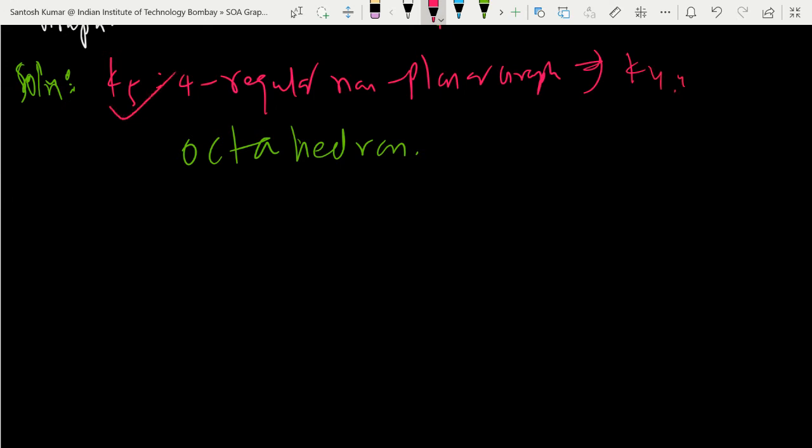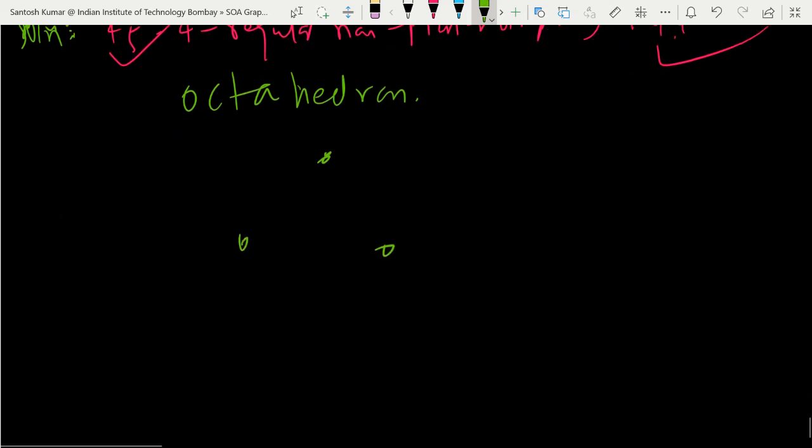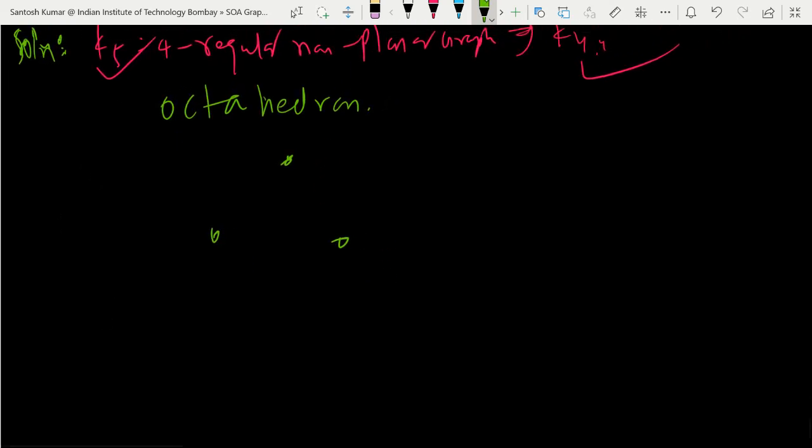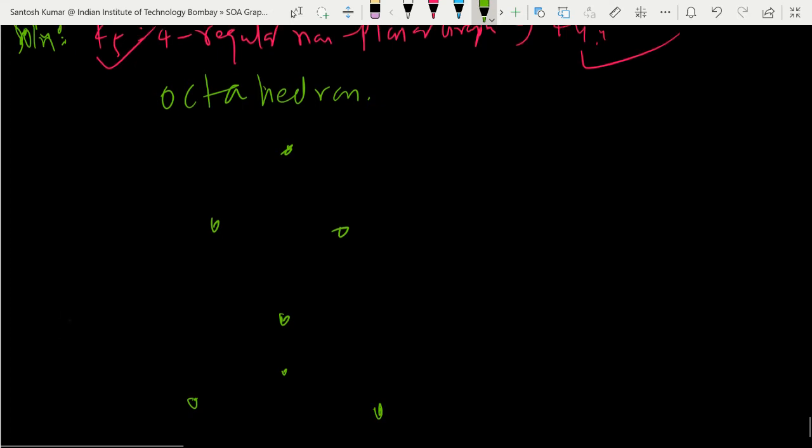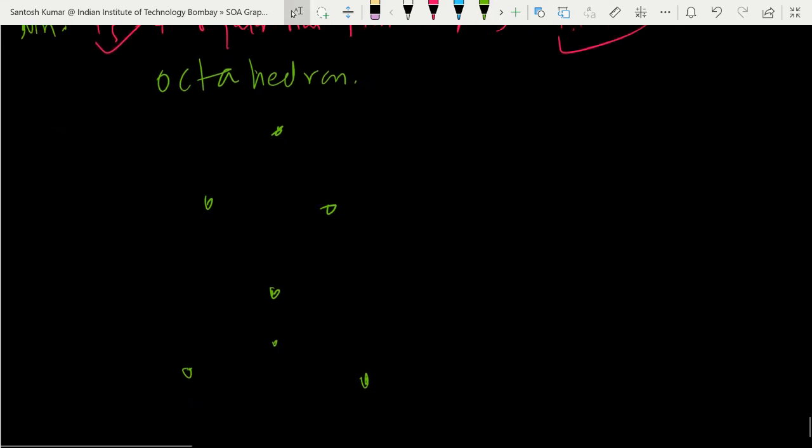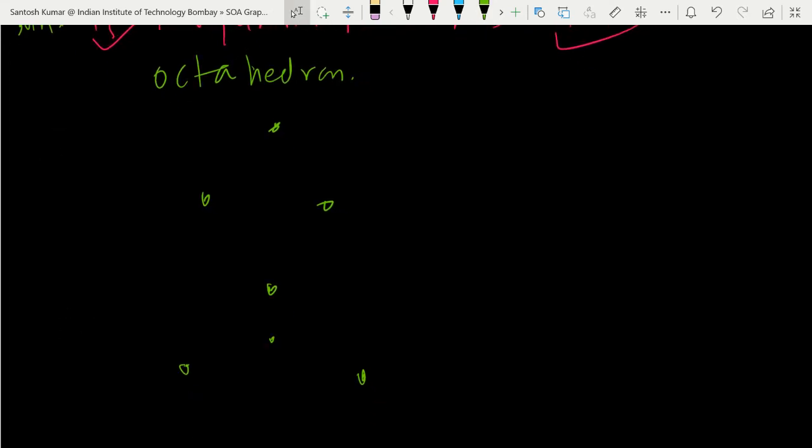So K5 or K44 you take. If you make the octahedron, you have 6 vertices: 1, 2, 3, 4, 5, 6.